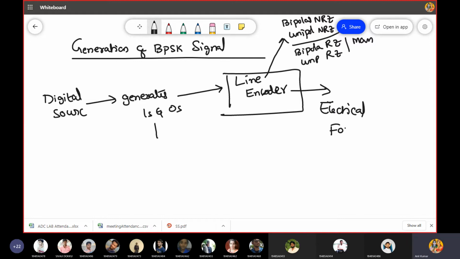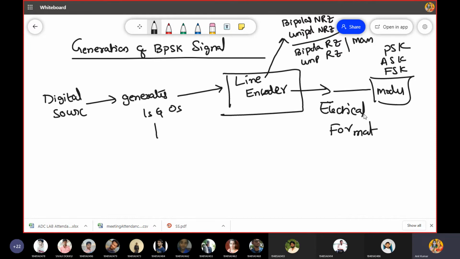So that means we cannot directly modulate and transmit ones and zeros. First, ones and zeros are converted into electrical format by using a suitable line encoding technique. These ones and zeros are converted into the corresponding electrical format, and this electrical format is now modulated by a digital modulation technique like ASK, PSK or FSK.